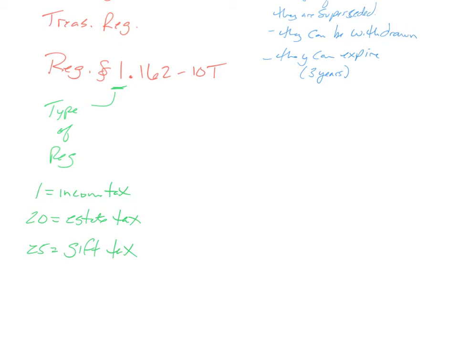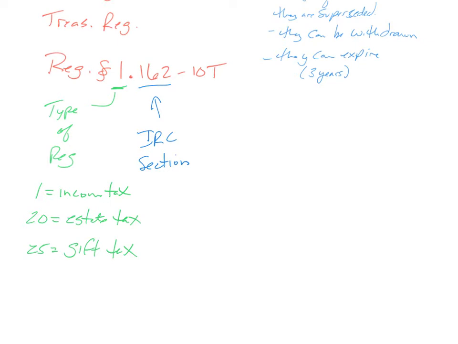All right. This second set of numbers right there tells us the Internal Revenue Code section that it deals with. So just by looking at this regulation, I know that it's a Treasury regulation. I know that it deals with income tax.